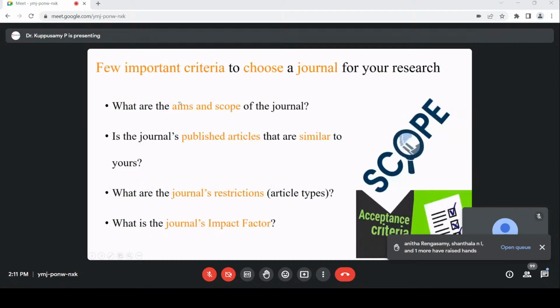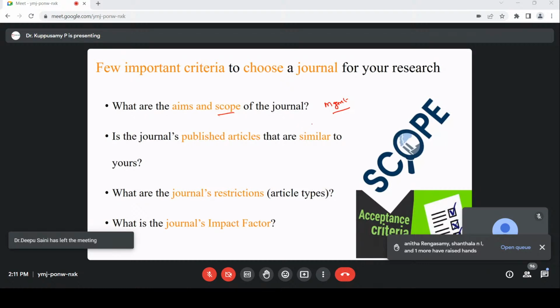Then whenever you complete the article, we have to check for selecting the journal. What is the objective of the selected journal, and what is its scope? If you are preparing a paper in management or social science, you have to check whether the selected journal meets the article's objectives or not.